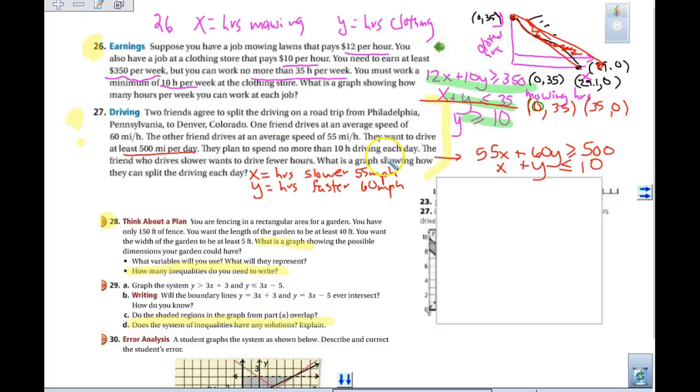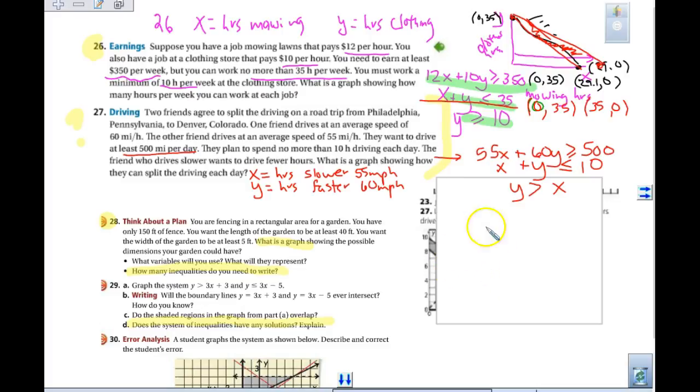No more than 10. I don't want to drive 11 hours. I want to drive 9 or 8 or 7 or 5 hours, together, okay? And then the last one says, the friend who drives slower wants to drive fewer hours, which means my last equation, Y has to be greater than X. Does that make sense? The slower one goes less. This one drives more hours.